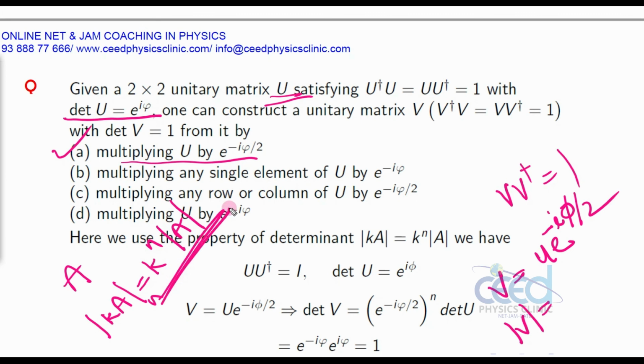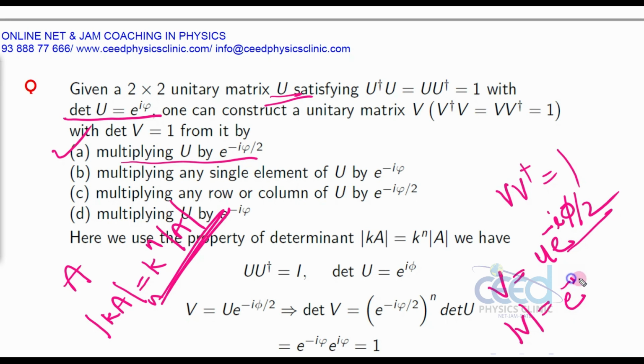This we have studied in lower classes, and the properties of determinants we are going to study in the next class also. So if you take the determinant, I can use this property here. The scalar is e raised to minus i phi by 2.